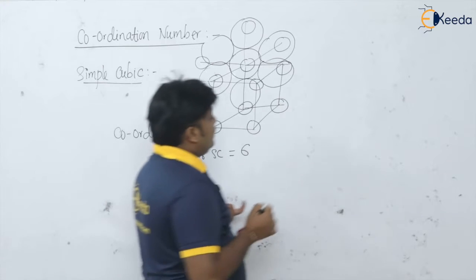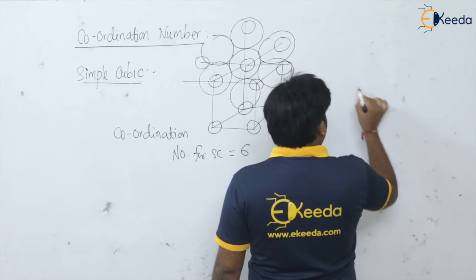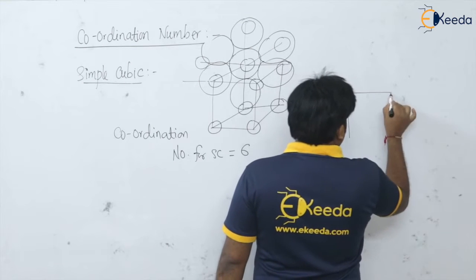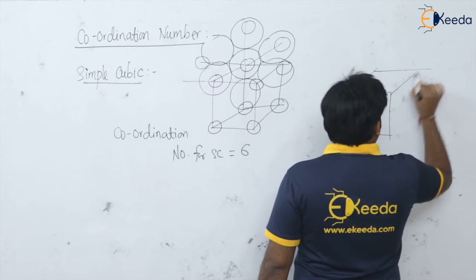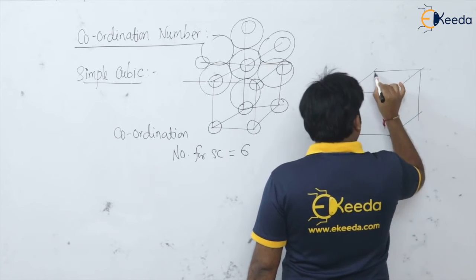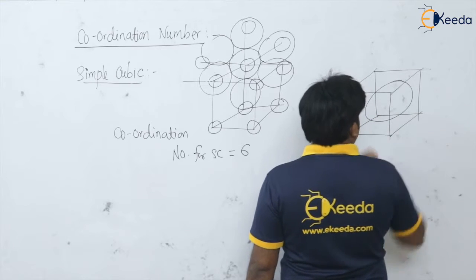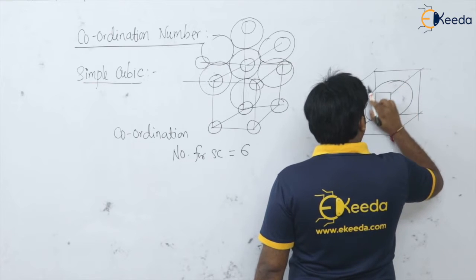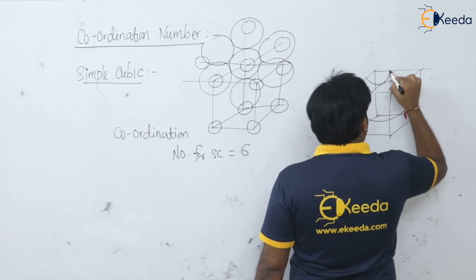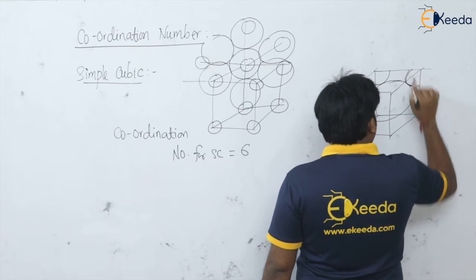Now in the same fashion, if you see the body centered cubic structure, there is one atom in the interior of this cell, isn't it? So this is the atom at the center, and it is touching all the 8 corner atoms.